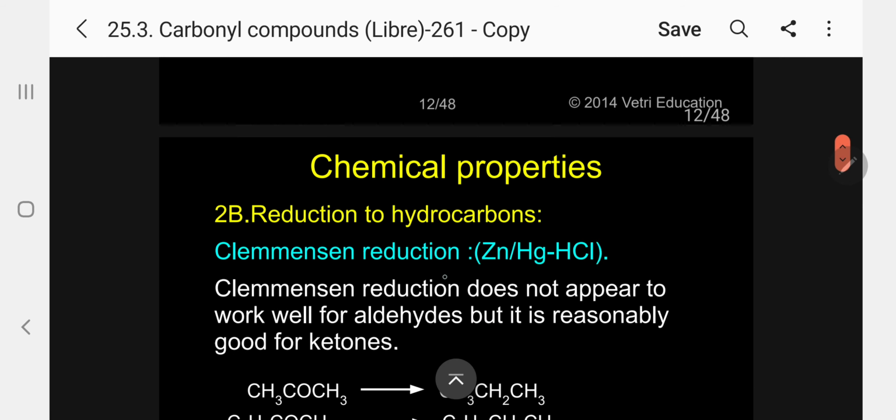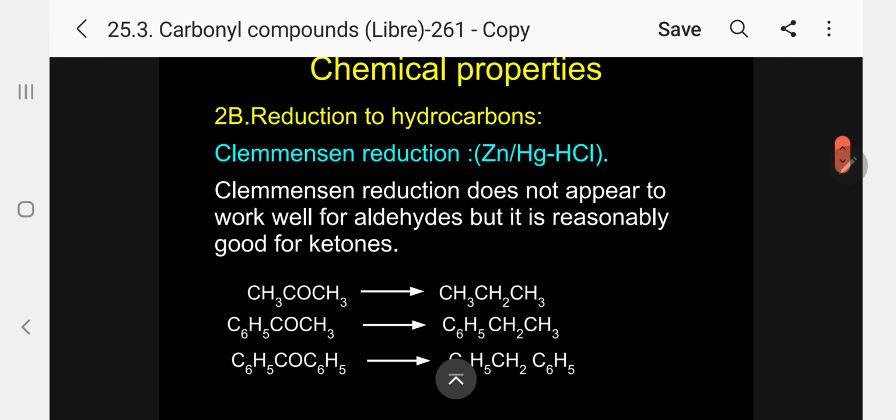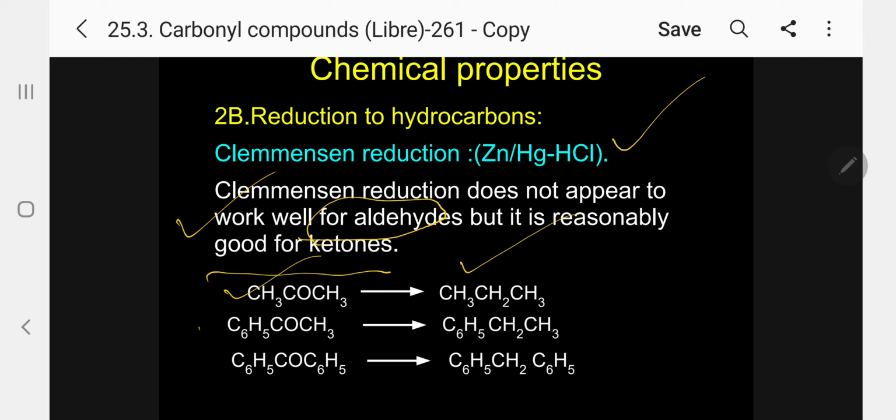So let me take a specific example. Kindly follow. Now first let me take Clemmensen reduction. Please follow. Clemmensen reduction does not appear to work well for aldehydes. It is not suitable for aldehydes, but it is reasonably good for ketones. So acetone undergoes reduction to give propane.